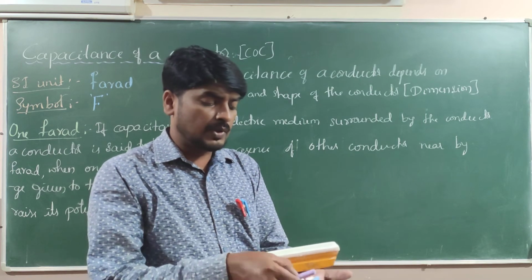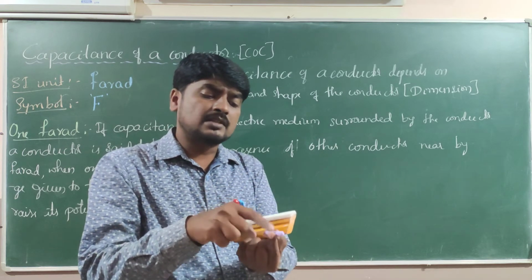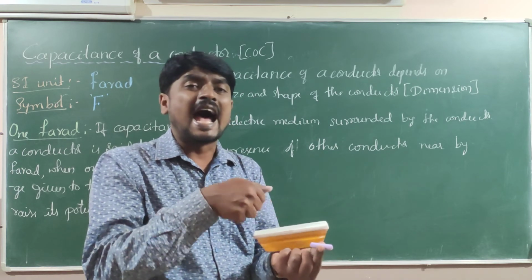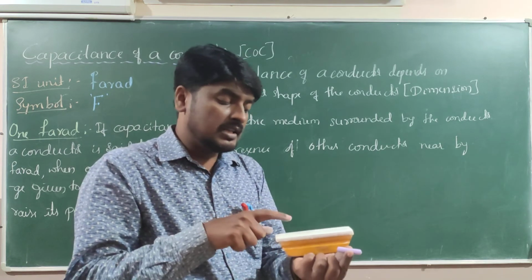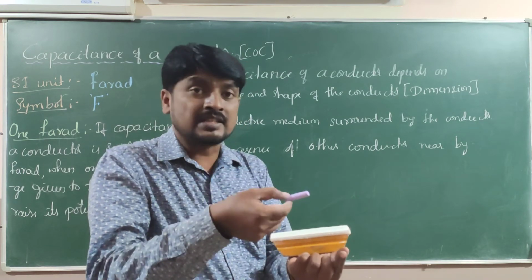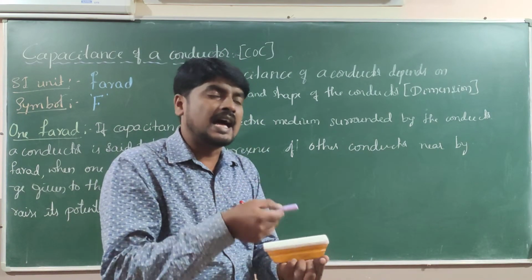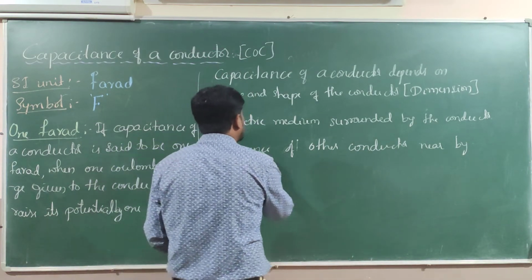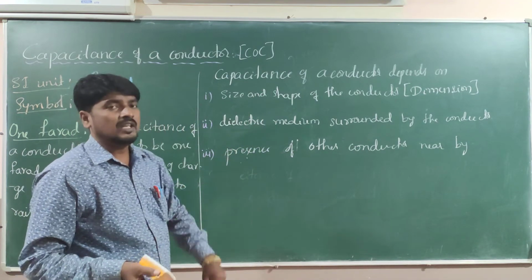If I keep another conductor nearby, then the capacitance of this conductor is affected by the other one. As a result, its capacitance varies. If it is far away, no need to worry, but if it is near, then it depends. So the presence of another conductor nearby also affects the capacitance of the conductor.